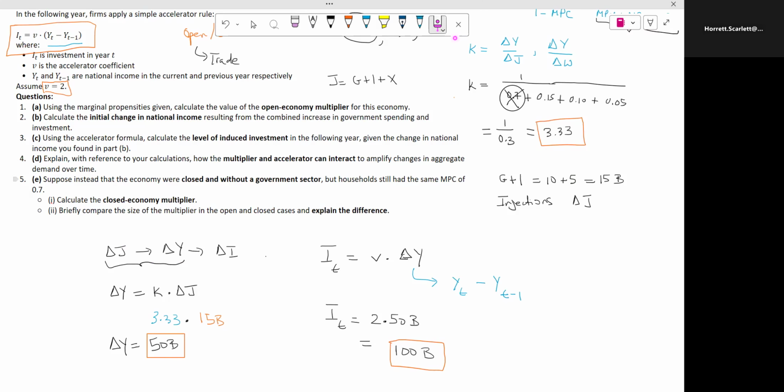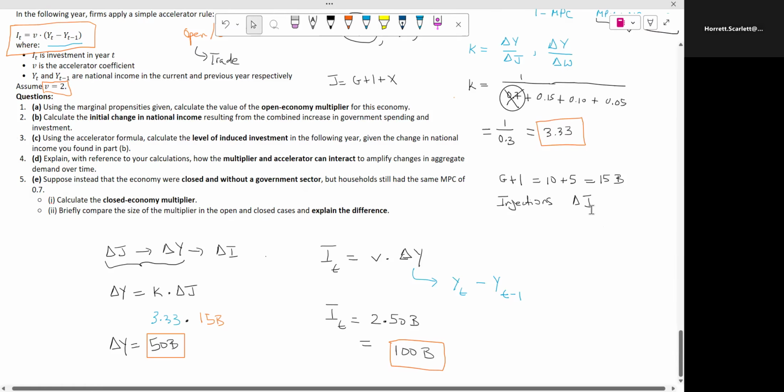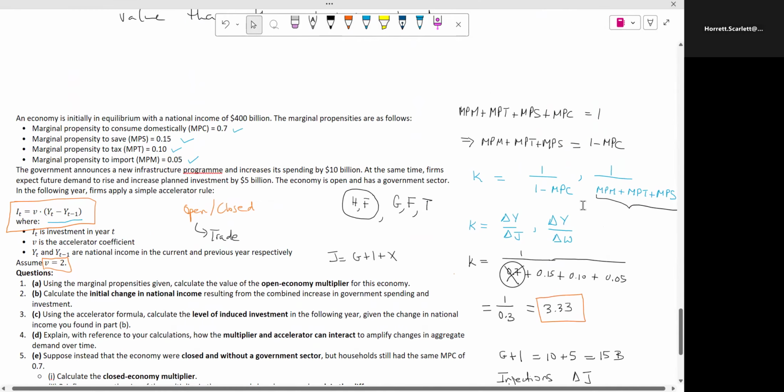All right, so now in the final analysis, they are asking us to do the analysis by looking at a closed environment without a government sector. And we're also told that the household, though, still has the same marginal propensity to consume domestic products. So if the economy is closed, and we go back to our original set of propensities, if it is closed, then there's no MPM, because MPM must be equal to zero.